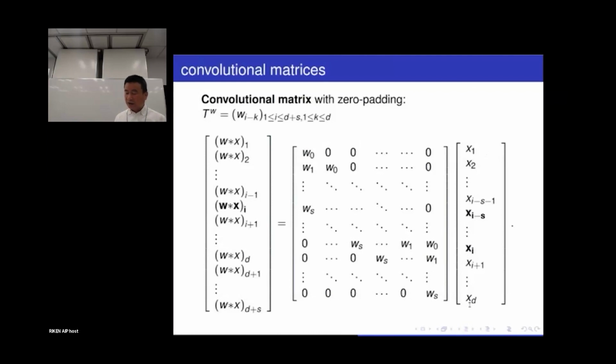This is so-called zero padding, meaning that if the entries are not available, we put them as 0. This is reasonable for speech recognition and 1D signals because when we want to process a sentence, you start with some moment and end with another moment. So before that or after that, the sentence is considered to be 0.